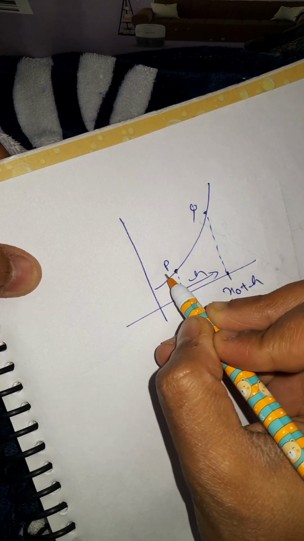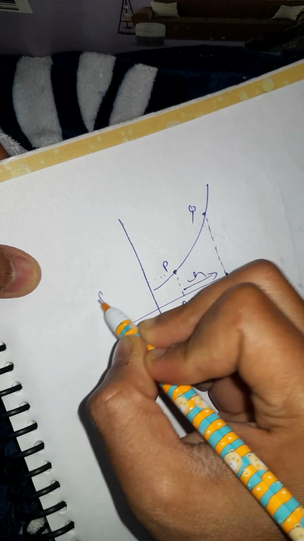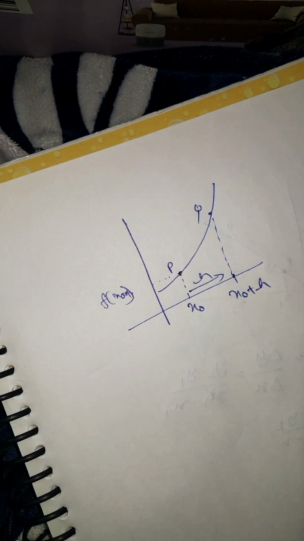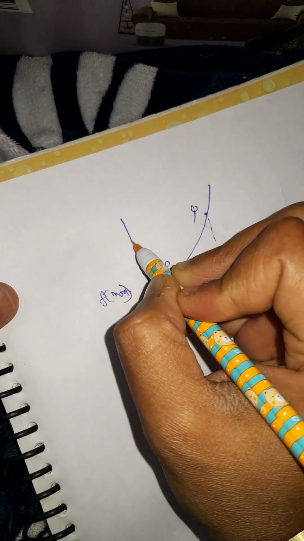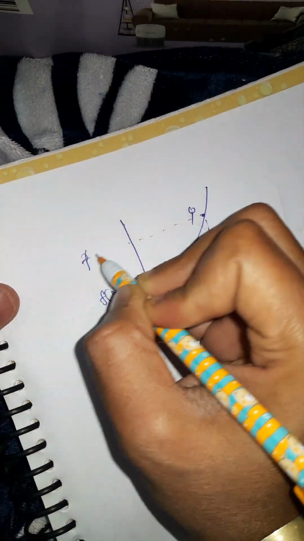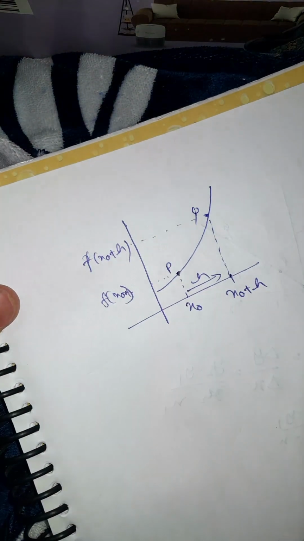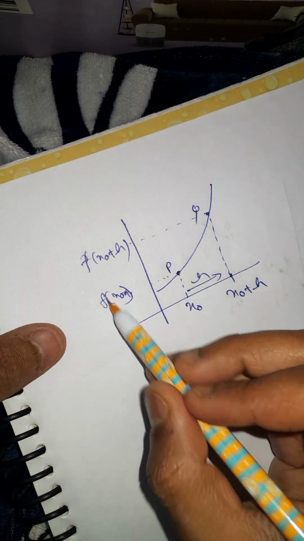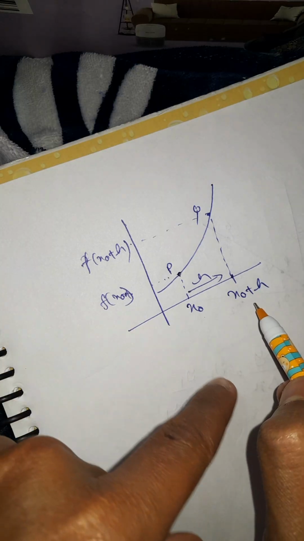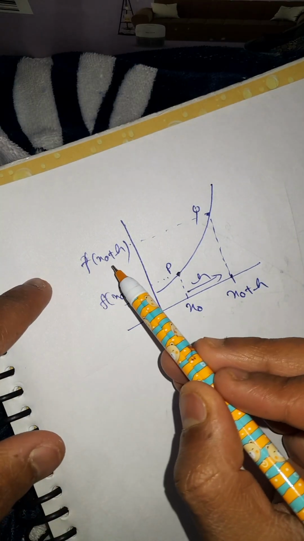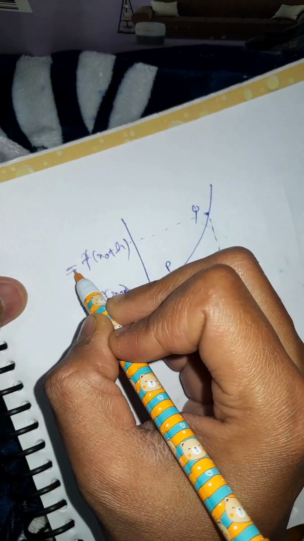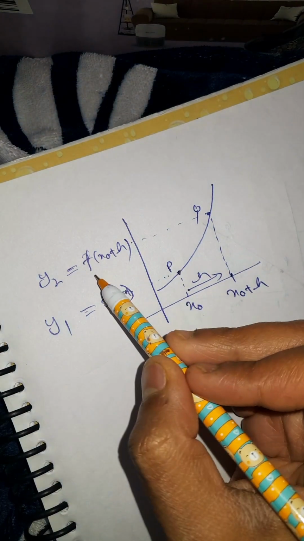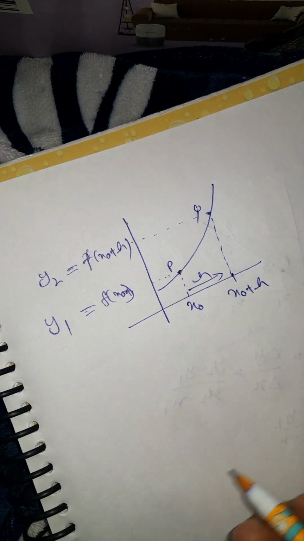For x0, the value here will be f(x0), and for x0 plus h we'll have the value f(x0 plus h). If we put x0 in the function, we'll get f(x0), and if we put x0 plus h in the function, we'll get f(x0 plus h). You can call them y1 and y2 only. These are just the real depictions of them.